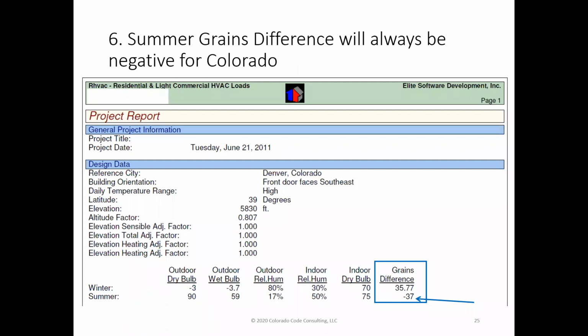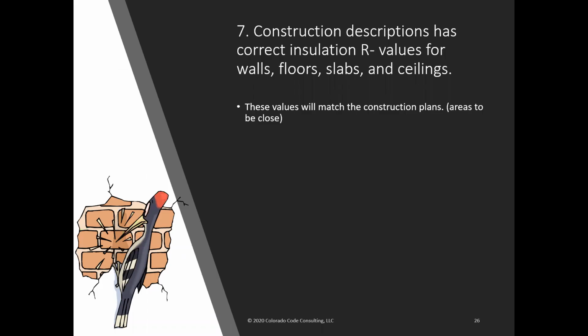As long as those are correct, we've at least started in the right spot. Then, if we've started in the correct spot, we've got our design parameters at least reasonably close or right on.